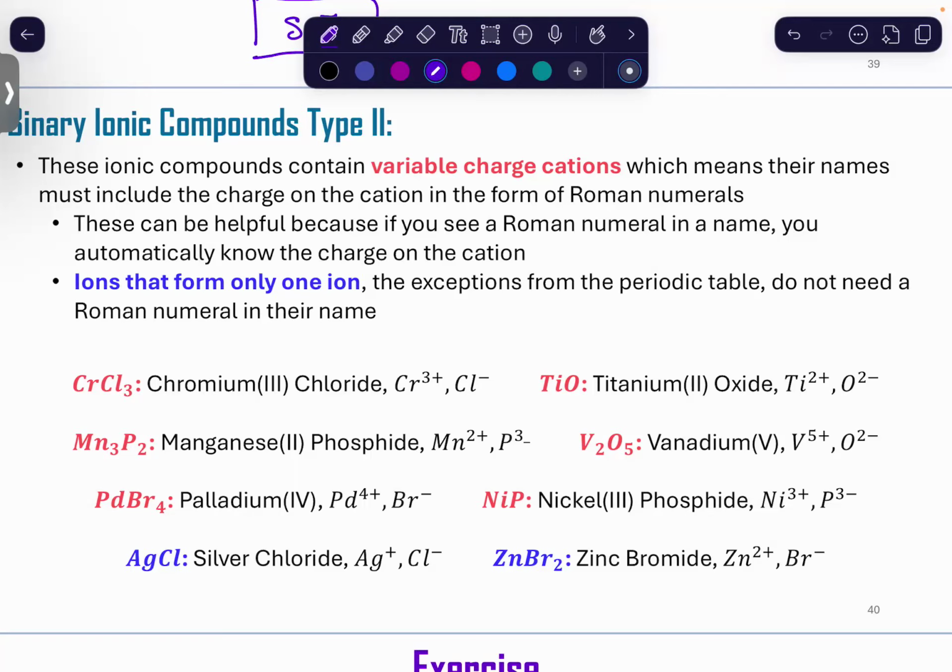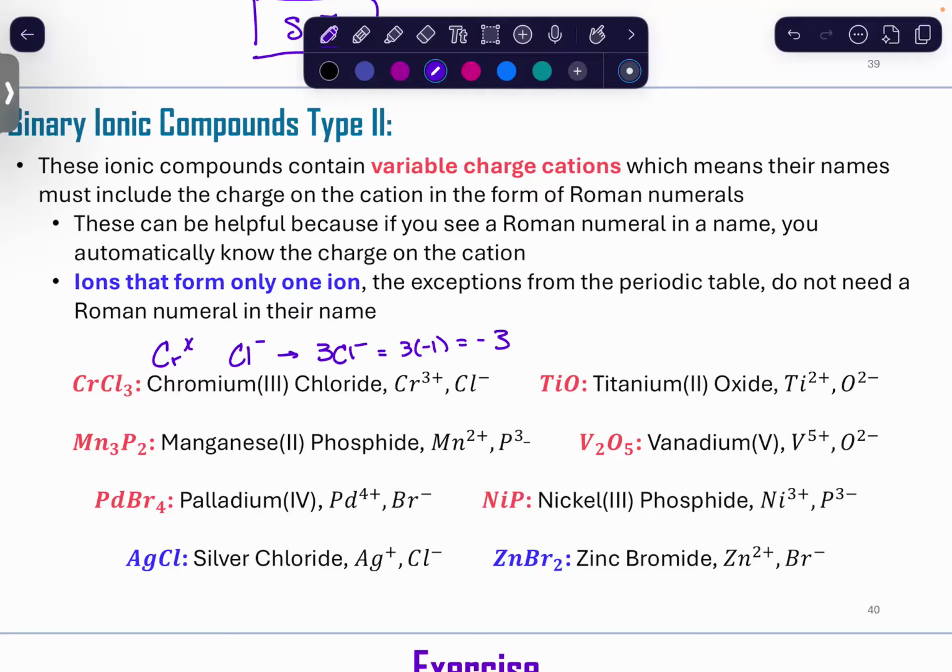So if you didn't know what the charge on chromium was, how do you start taking this apart? Well, chromium's going to have some charge X. I don't know what it is. Chloride has a -1. However, I have 3 chlorides. So my chloride in that compound ends up at a total charge of -3.